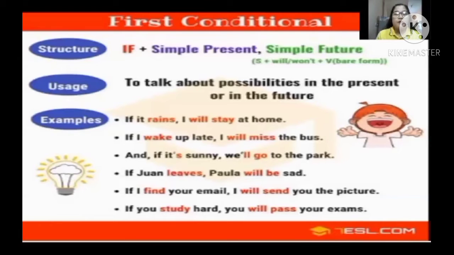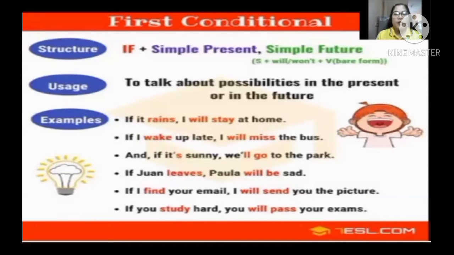Examples: if it rains, I will stay at home. So the if clause is if it rains. It is in the simple present tense with the verb rains, so it has S. Then I will stay uses the future. Okay, future verb will stay. Another example, if I wake up late, I will miss the bus.